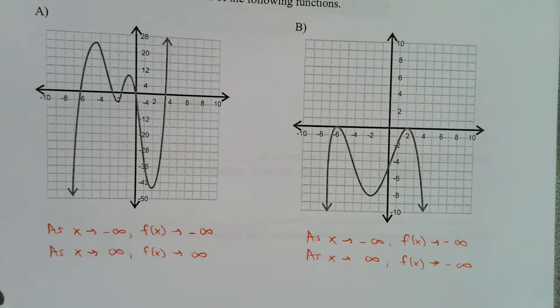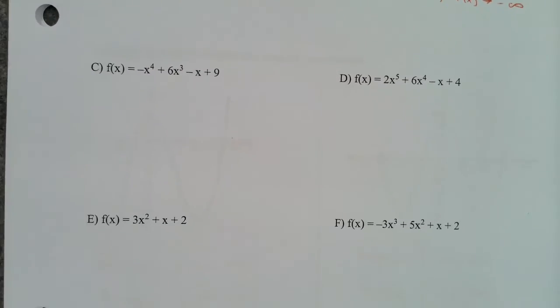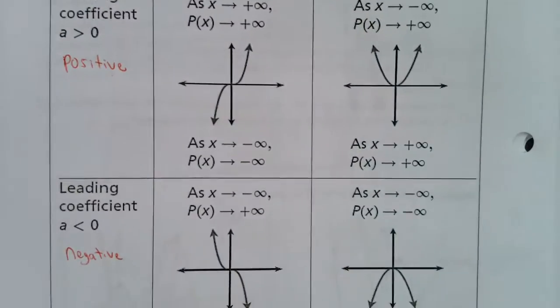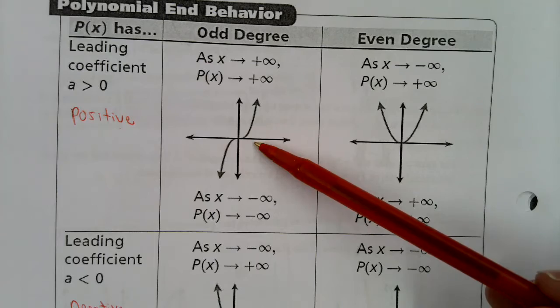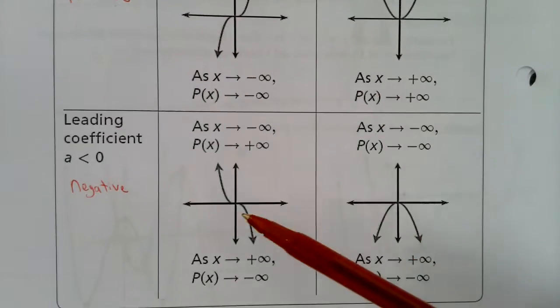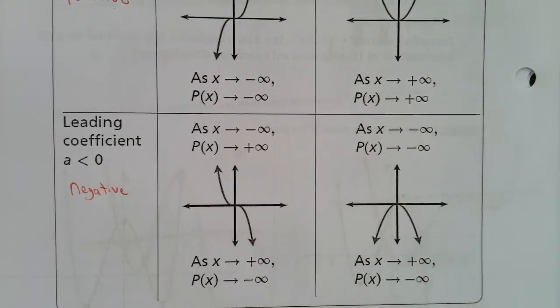Okay. The next 4 examples are going to be based off of the table on the previous page. Now we have 4 scenarios, okay? This one, this one, this one, or this one.